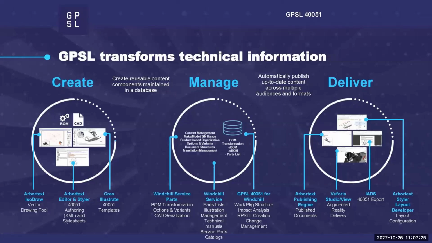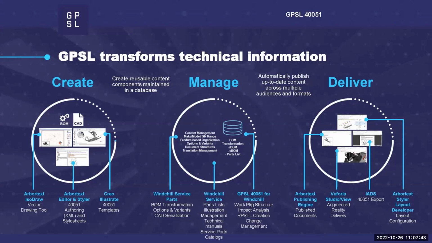So from an architectural point of view, these are the create, manage, deliver components that make up the end-to-end solution that we looked at today. So what Ryan showed you on the left side, create authoring 40,051 compliant structured XML content in Arbortext editor.